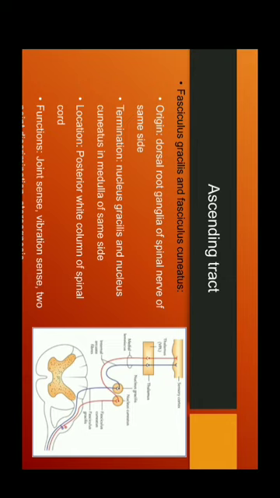This tract, the fasciculus gracilis and fasciculus cuneatus, of which fasciculus gracilis is the medial one and fasciculus cuneatus the lateral one, is also called the tract of Goll on the medial side and the tract of Burdach on the lateral side.